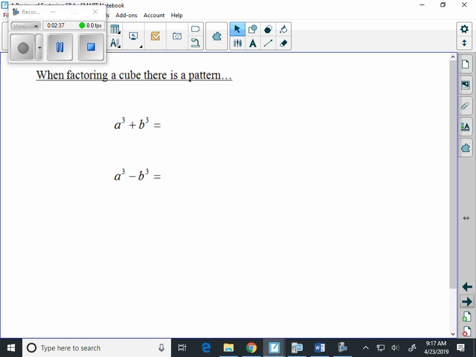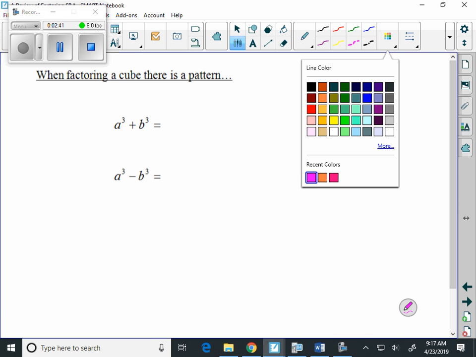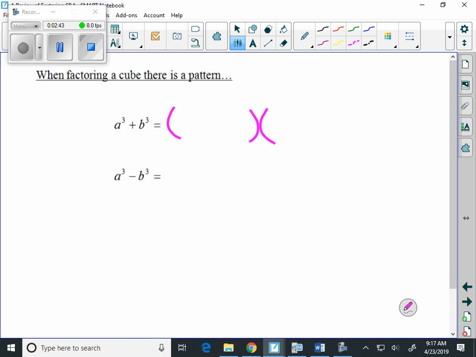And what we do is we turn this problem into a little parentheses and a big parentheses. To fill this in, we're going to take the cube root of a cubed, and cube rooting and cubing are inverse operations, so we get a. We're going to take the cube root of b cubed, which is b.